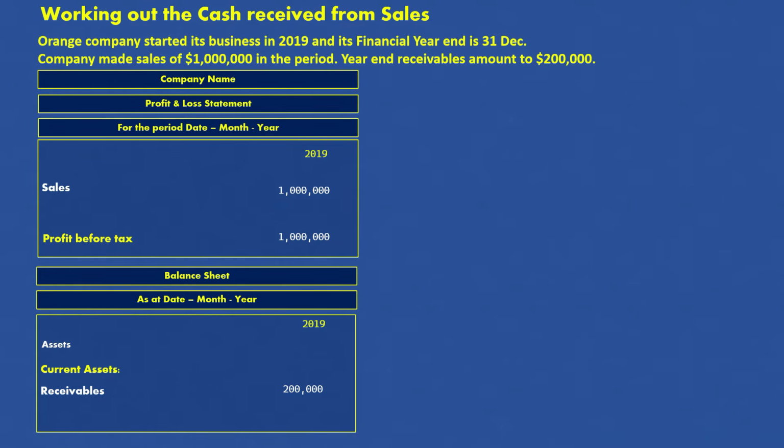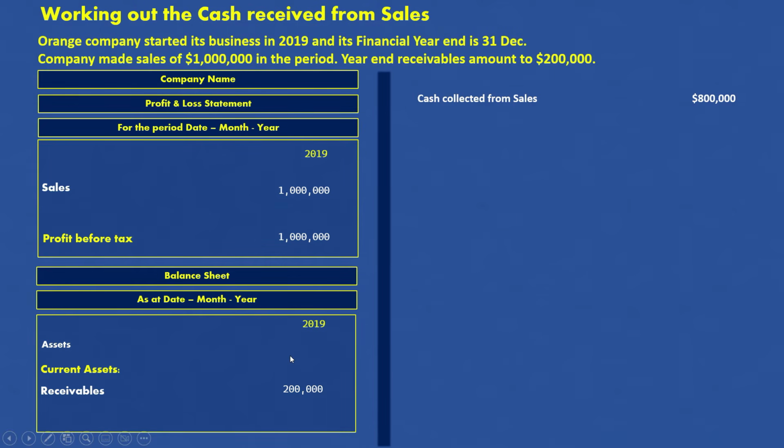Now there are two facts that we know for sure. Number one, in this particular scenario, the cash received from customers is $800,000. Since 1 million is the sales, and you can see out of them $200,000 are still receivable, then $800,000 is the total cash received from customers. And the increase in receivables is $200,000.